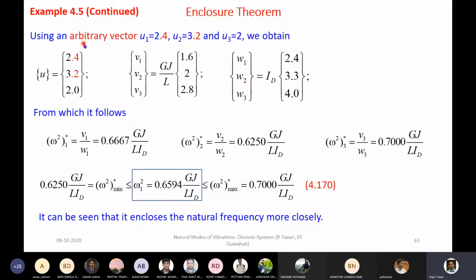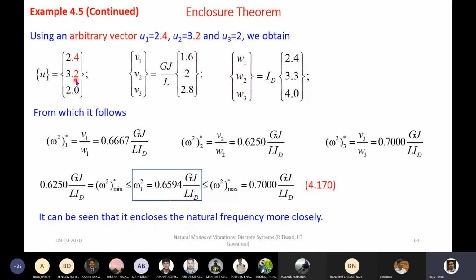This is also arbitrary. We are changing 2 to 2.4 and 3 to 3.2. Earlier we took 2, 3, and 2. I just added 0.4 and 0.2 to see whether the range is getting narrowed or not.